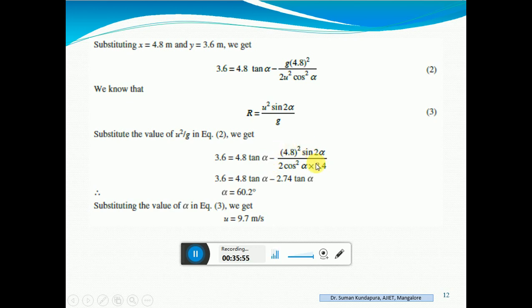Further simplify this equation, you will get sine 2 alpha is nothing but 2 sine alpha cos alpha. One sine alpha gets cancelled.